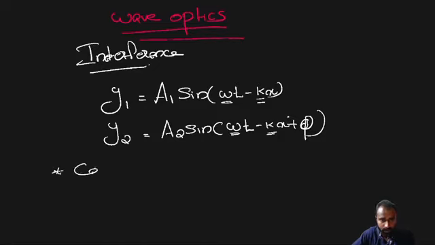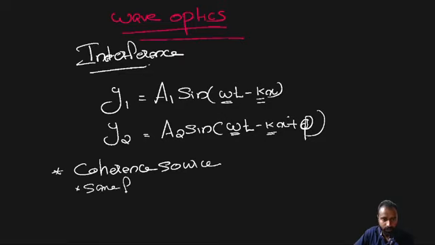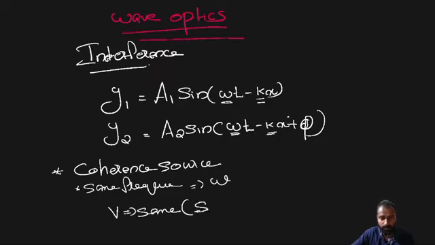Coherent sources, same frequency. Then omega will be the same. It is in the same medium. So these two waves are traveling in the same medium. Then obviously v will be the same because of the same medium.